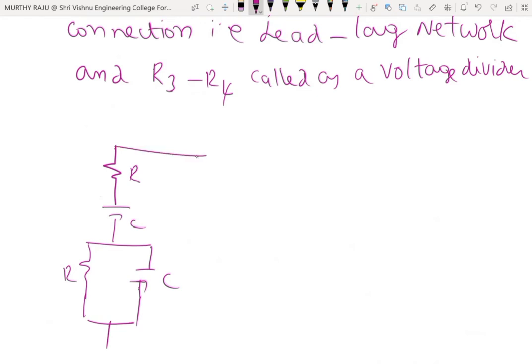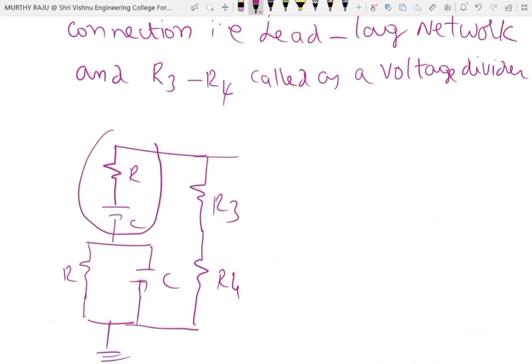And also R3, R4. This is the lead network.